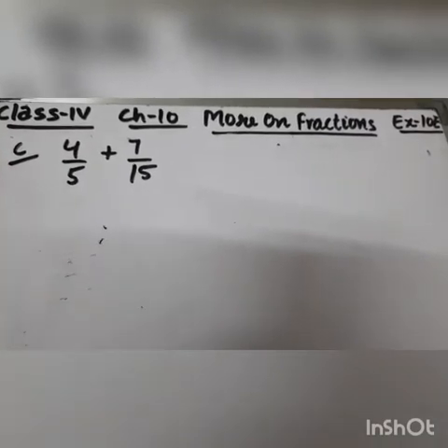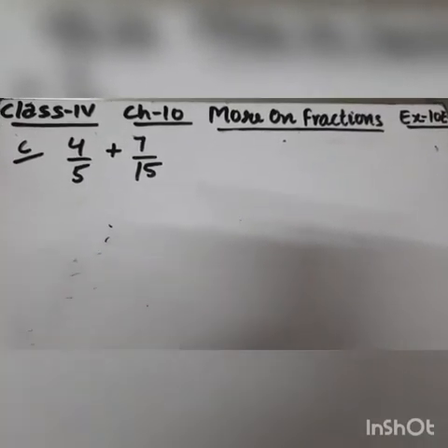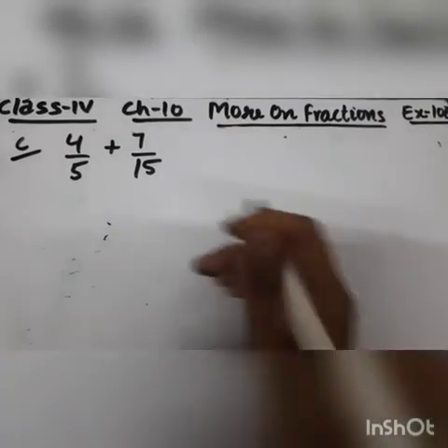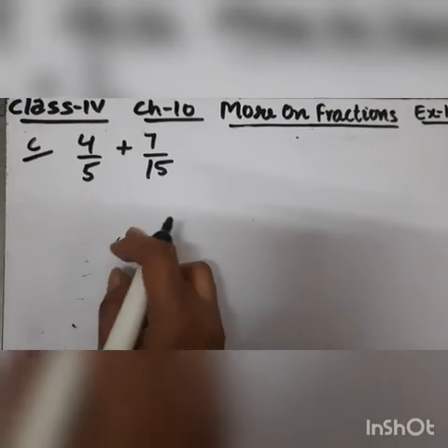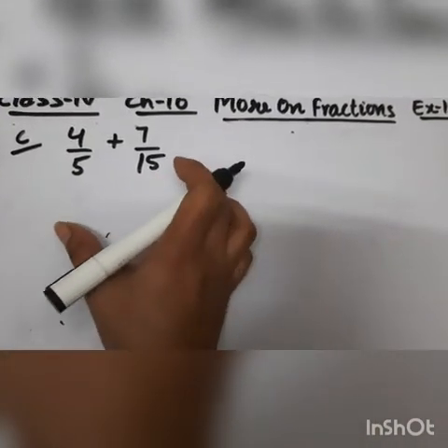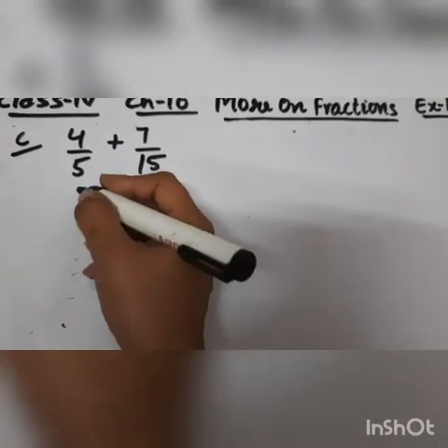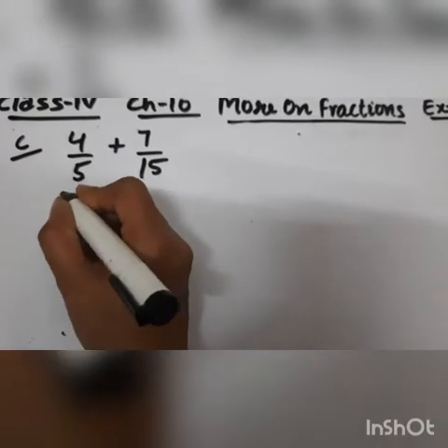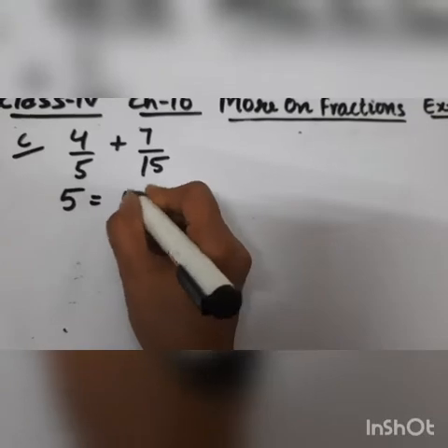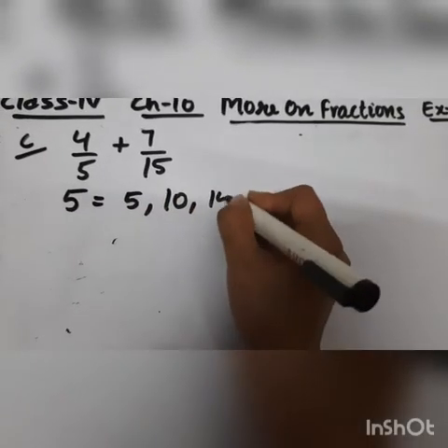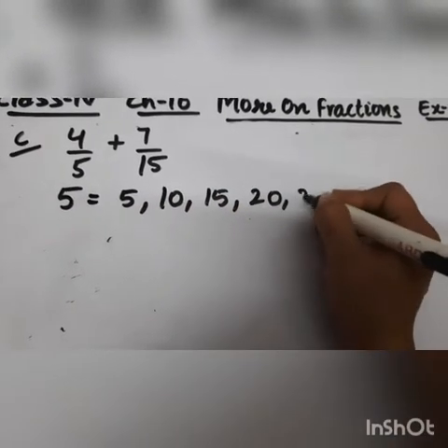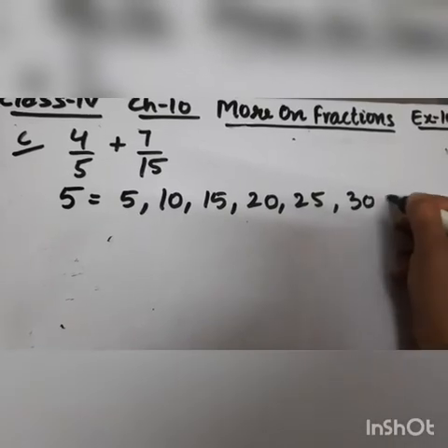C part is 4 upon 5 plus 7 upon 15. Here I am using the second method, means I will take the least common multiple of 5 and 15. So multiples of 5 are 5, 10, 15, 20, 25, 30 and so on.